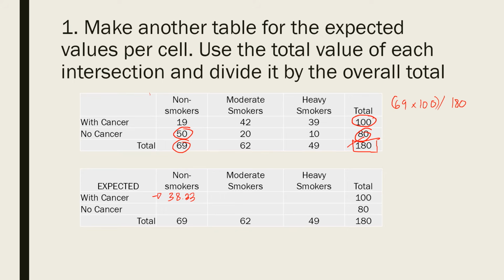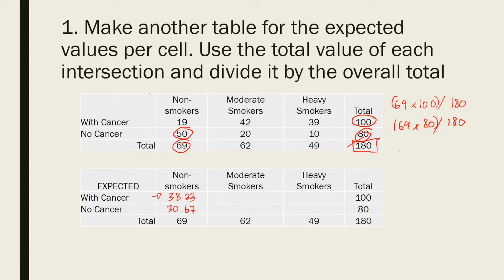Here we multiply 69 and 80 and divide that by 180. And that would give us 30.67.